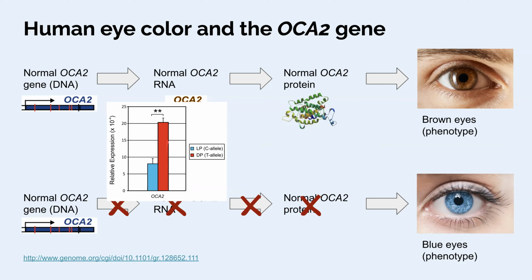These individuals have much more production of that RNA, a significant increase in the amount of RNA for the OCA2 gene, and people who have the other kind of DNA are not producing this OCA2 transcript, the RNA. So there's evidence for a difference not in how the OCA2 gene is built, but in how the signal is interpreted for transcribing that OCA2 gene.